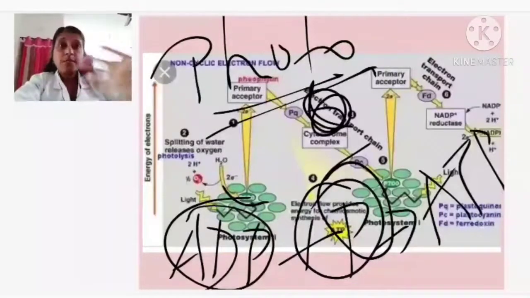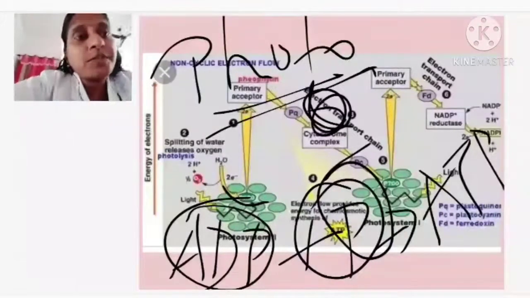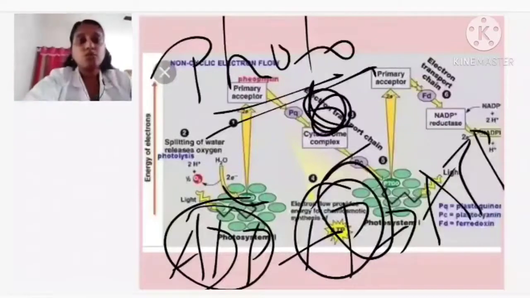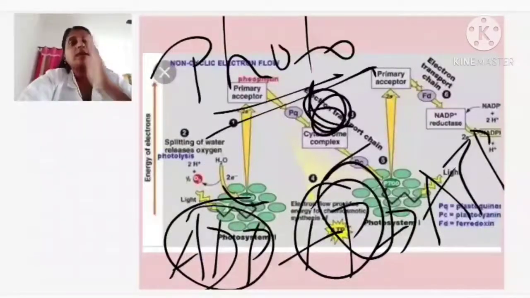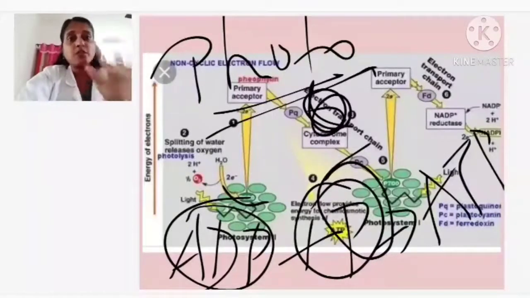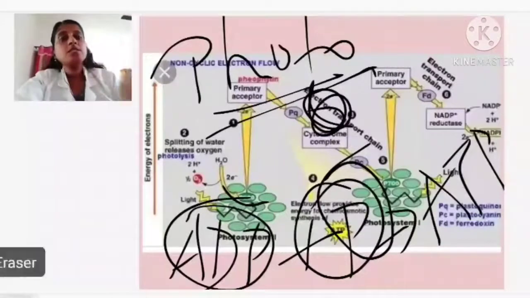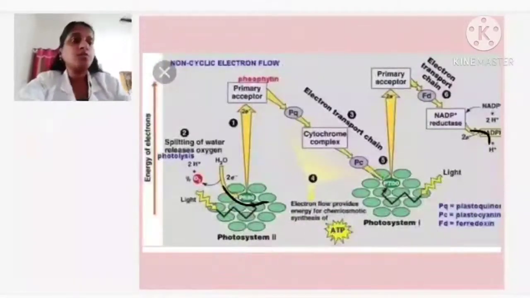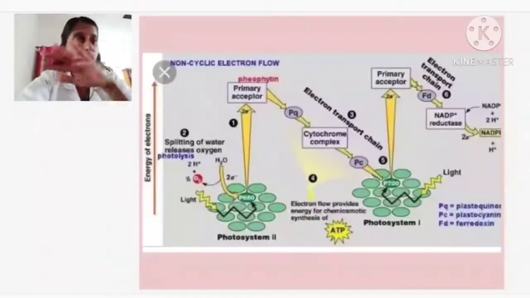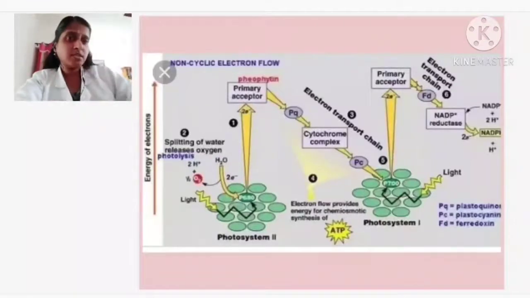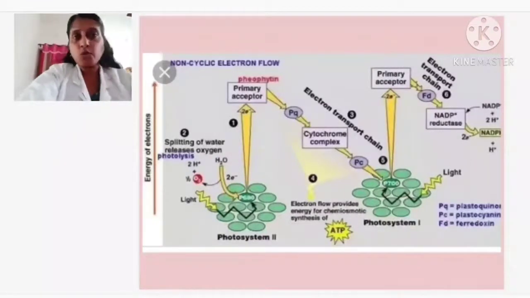ADP converted into ATP by the addition of phosphate in the presence of light is called photophosphorylation. This whole process is taking place in a non-cyclic manner. You cannot find the cycle repeated, it's just going like that. It's a process.